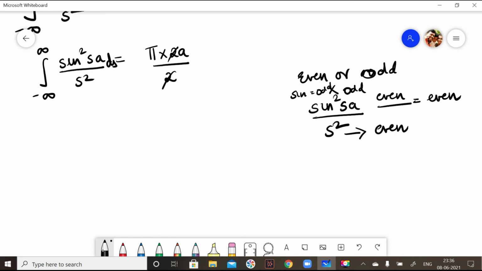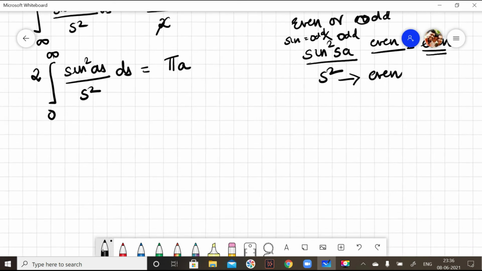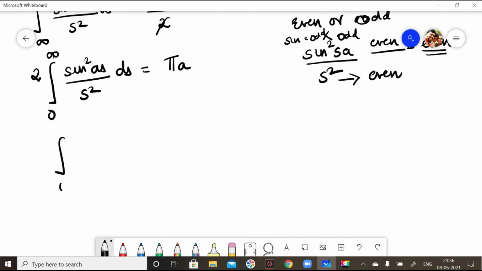Since the function is even, I can write it as twice integral 0 to infinity sin square sa by s square ds is equal to pi a, which can be further simplified as integral 0 to infinity sin square sa by s square ds is equal to pi a by 2.